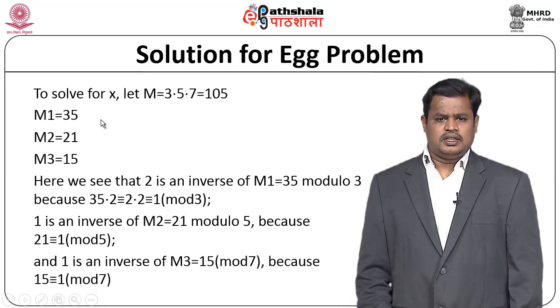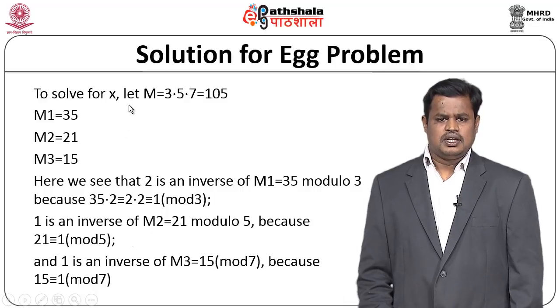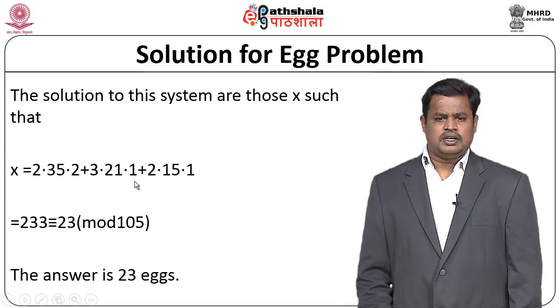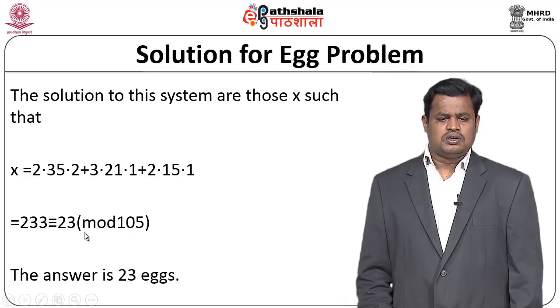So, the egg problem, again the same steps we know: let M be equal to 3, 5 and 7, that is 105, the same value, and we get the multiplicative inverse, then we substitute the same values here, and we know 233 is the value mod 105. So, we got 23, the answer is that the old lady had 23 eggs.